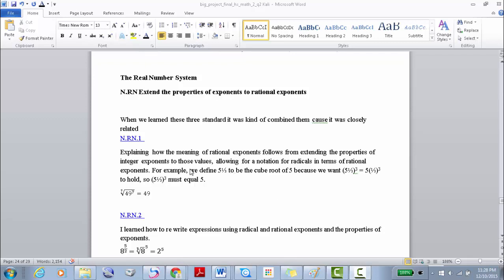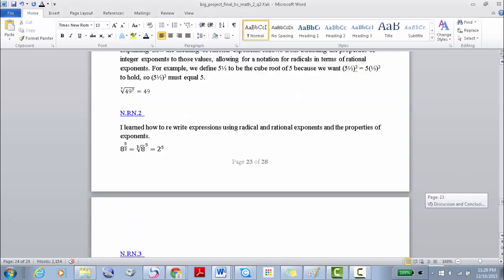We raise 5 to the power of 1 over 3, and then we raise the answer to the power of 3, and the final answer that comes out of that will equal 5.